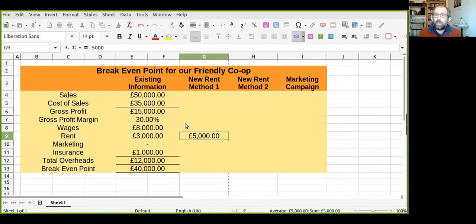Now, we have two ways of working out what our new turnover needs to be. We could look at doing this as the entire turnover. The wages were still 8,000, and the insurance was 1,000, so we need to sum that.